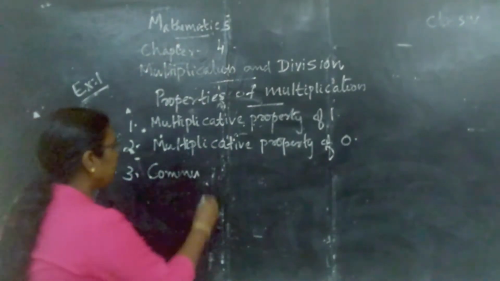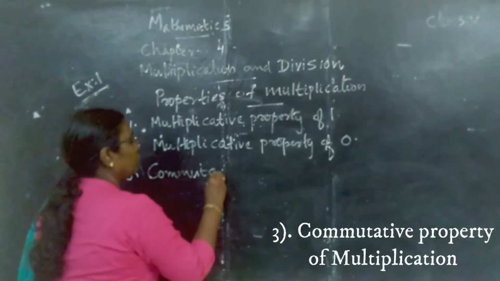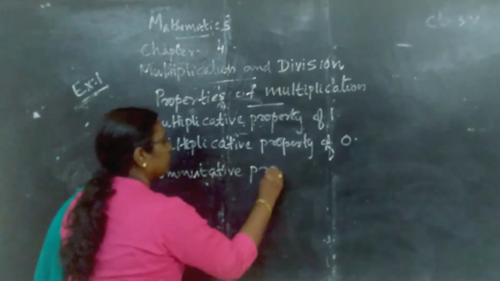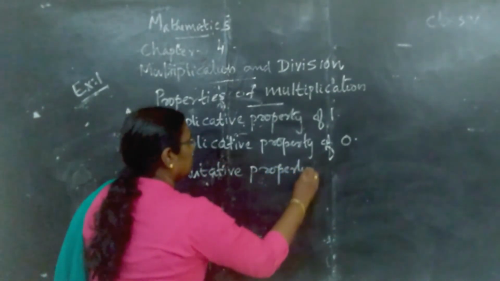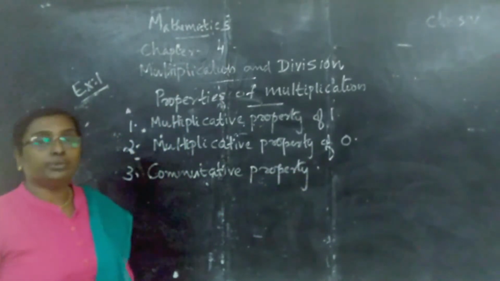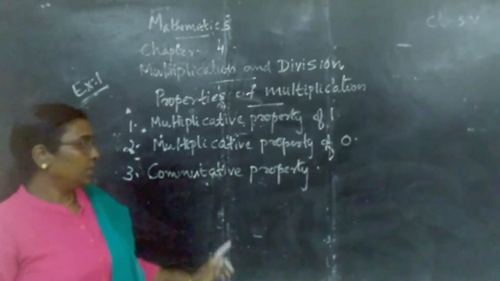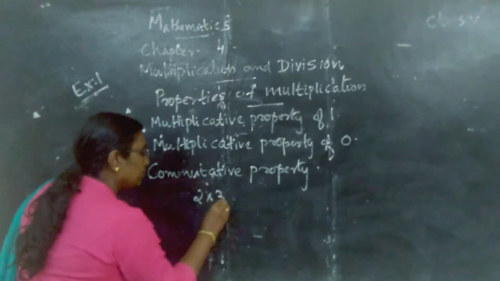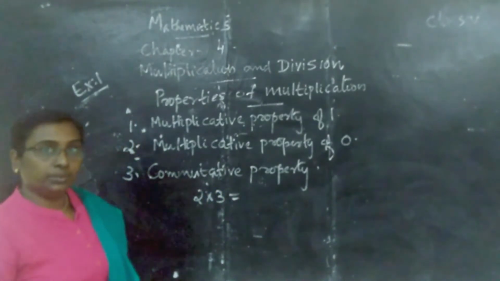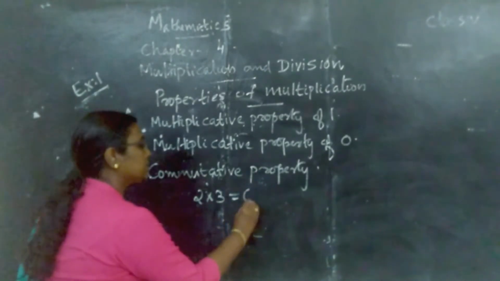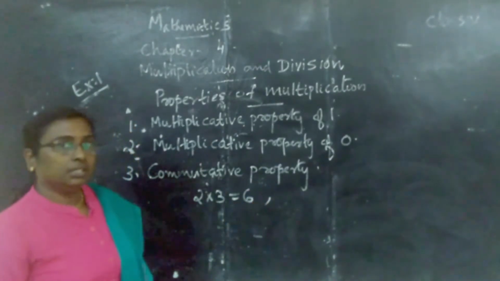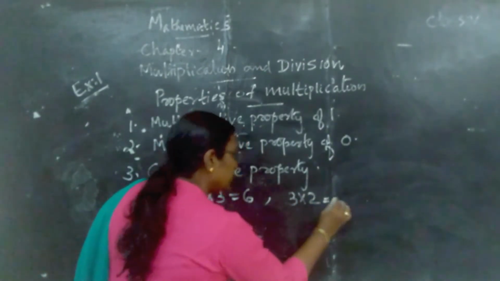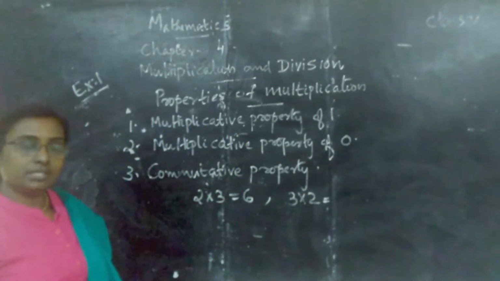The third property is commutative property of multiplication. That is, look here. What is 2 into 3? 2 into 3 is 6. Then, what is 3 into 2? 3 into 2 is also 6.